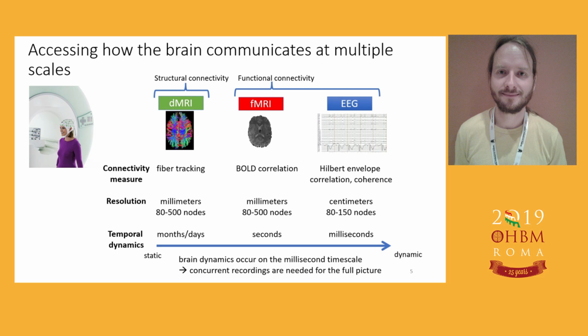So then we can use EEG. There we have the problem that we put the electrodes on the head, so we need to reconstruct our activity back into the brain, and we lose some spatial resolution, but we gain temporal resolution, in the range of milliseconds. And what I'm trying to argue today is that if we put this all together, we can get a more global view of the whole brain.